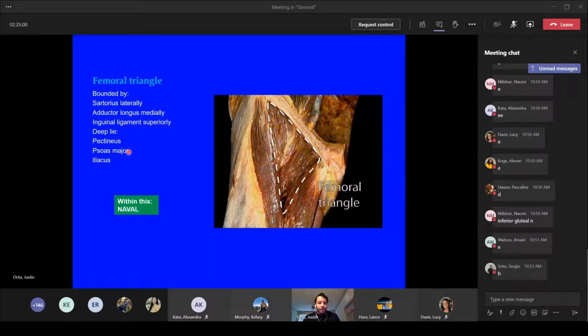And then you have your psoas major or your iliopsoas, as well as the pectineus, which would be located in the floor of this triangle. And within this, you have your NAVEL, right? Remember your NAVEL: femoral nerve, artery, vein, and then lymphatics going from lateral all the way to medial, right?